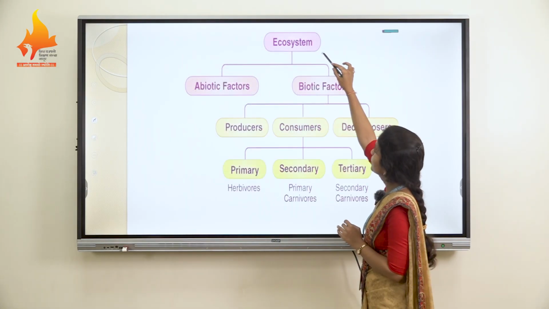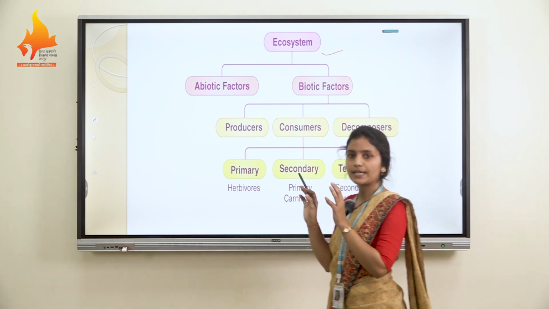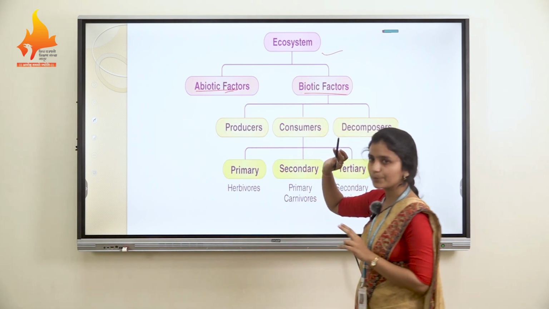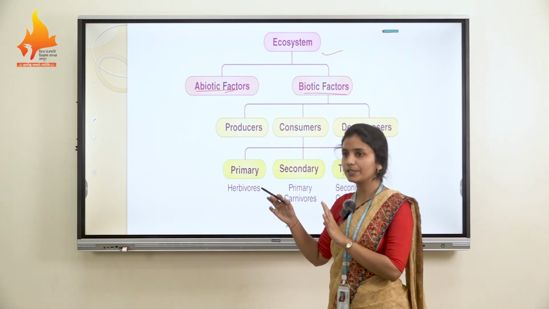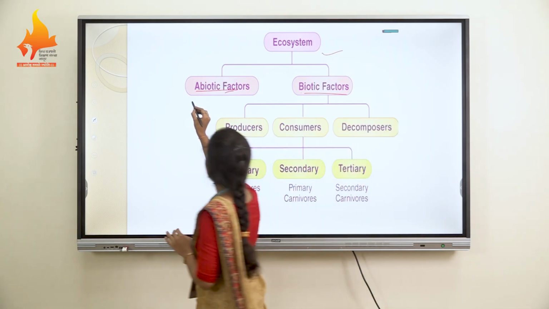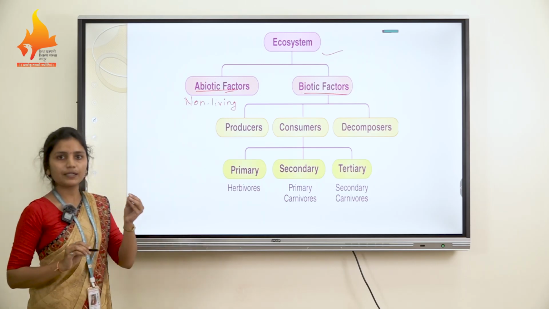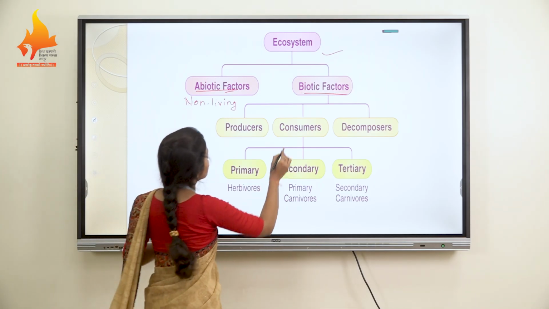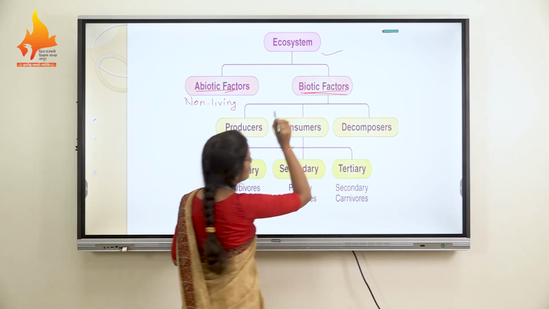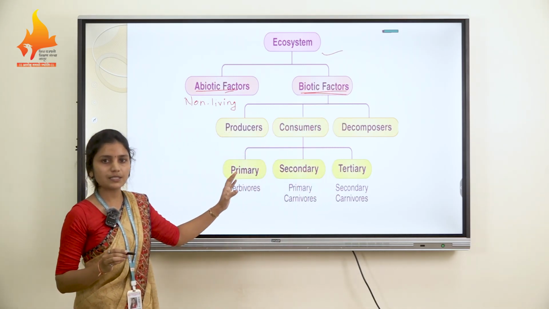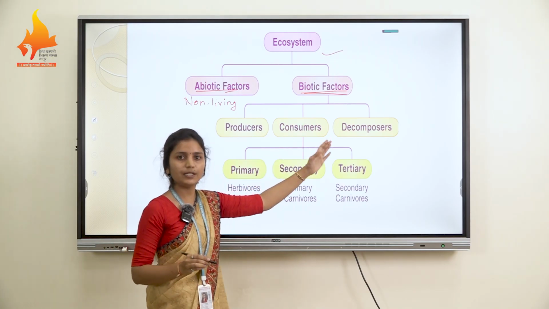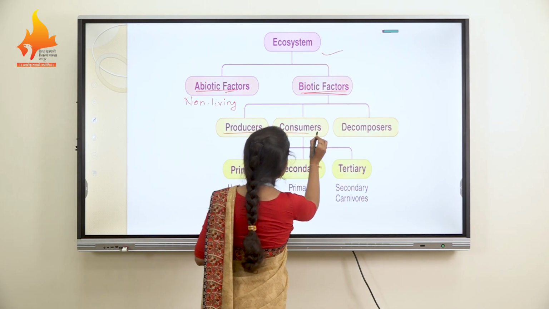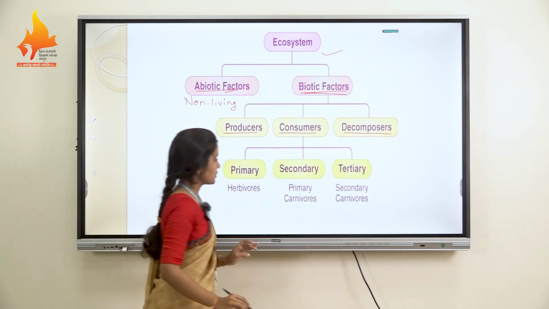The ecosystem is divided into two components, that is abiotic component and biotic component. What is abiotic component? The non-living factor of ecosystem. For example, light, temperature, soil, water. Okay. Next, the biotic component or the biotic factor of ecosystem means the living factor or the living component of ecosystem. For example, producer, consumer and decomposers.